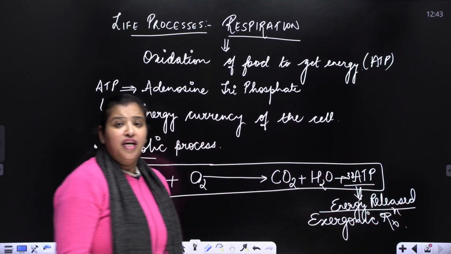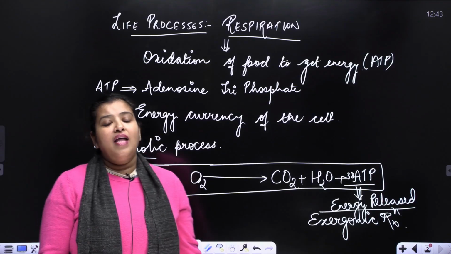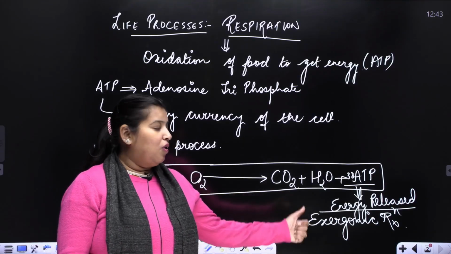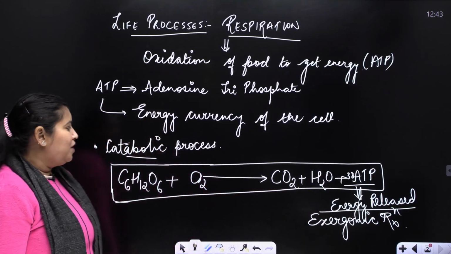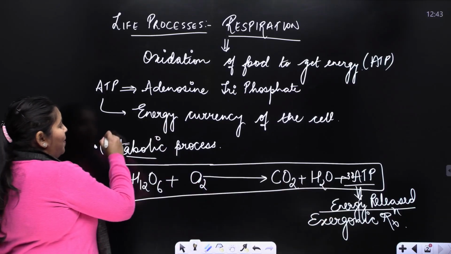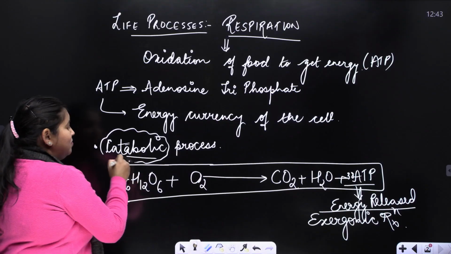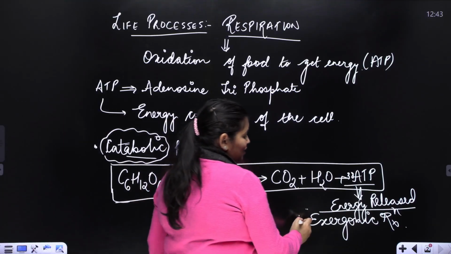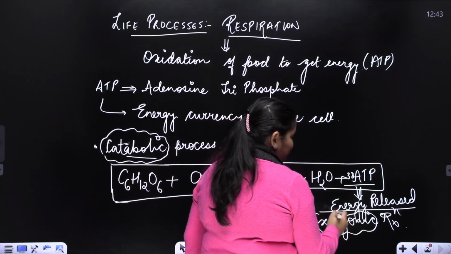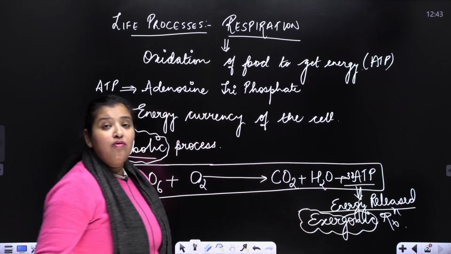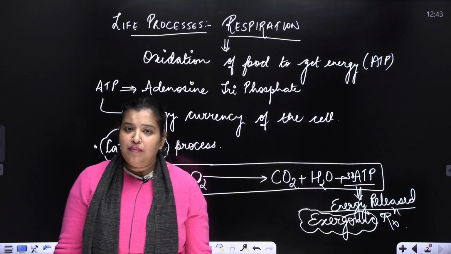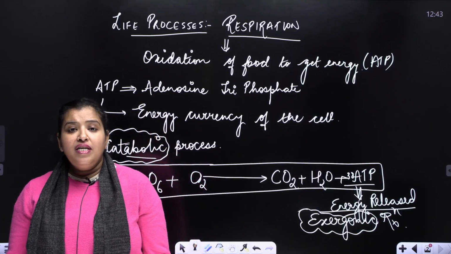A reaction in which energy is released is an exergonic reaction. So respiration is a combination of catabolism and an exergonic reaction, where breakdown of the respiratory substrate takes place to release energy.